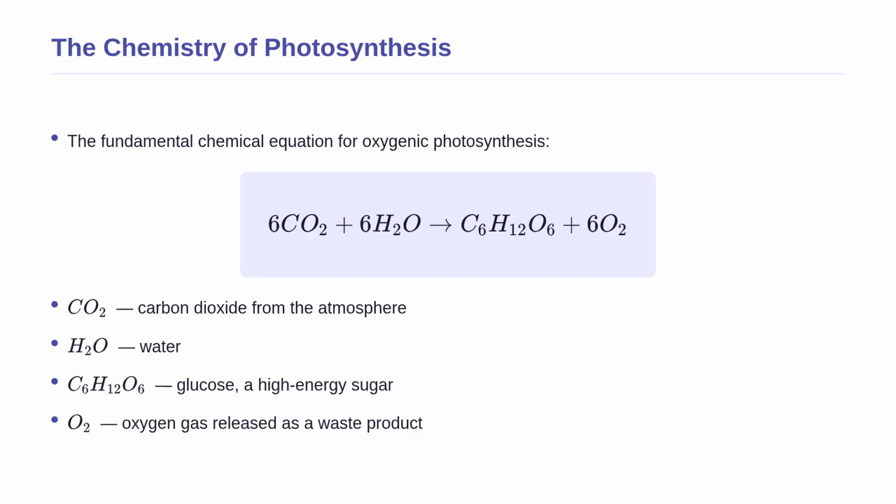Using sunlight, these are converted into 1 molecule of glucose, a high-energy sugar, and 6 molecules of oxygen gas, which is released as waste. When the availability of carbon dioxide or water increases, the rate of glucose production generally increases, provided there is enough sunlight to drive the reaction.